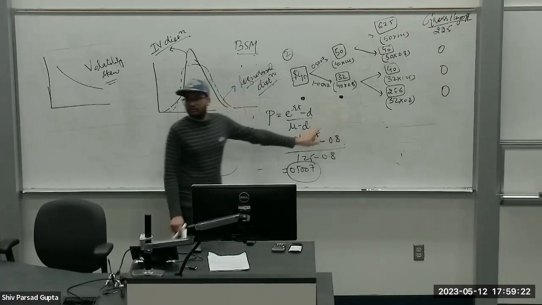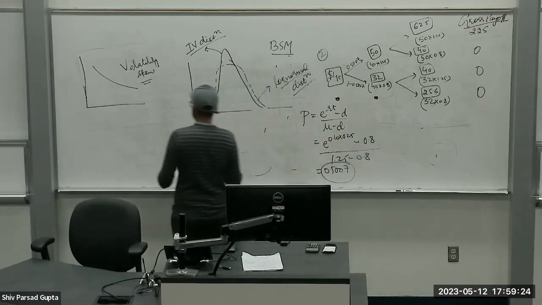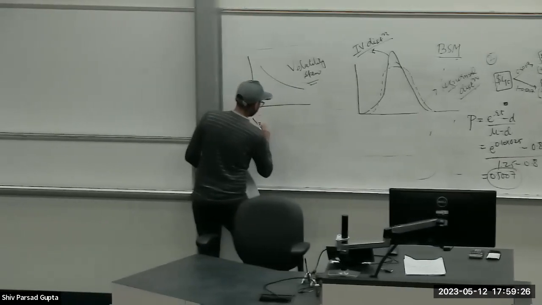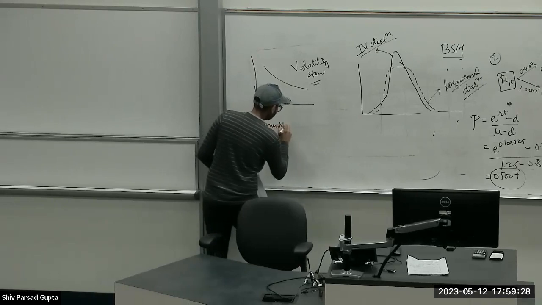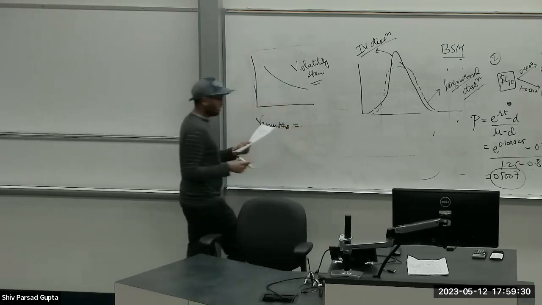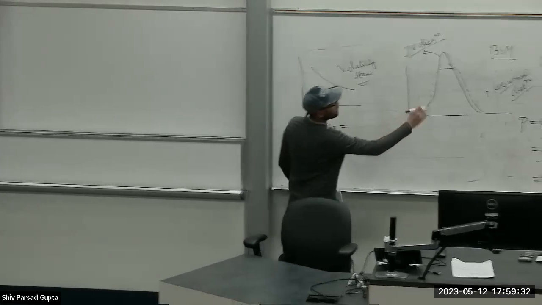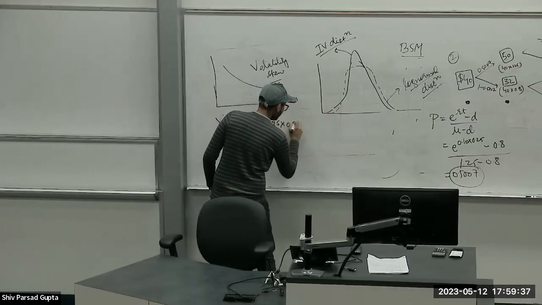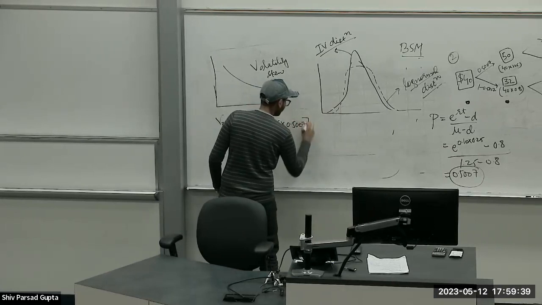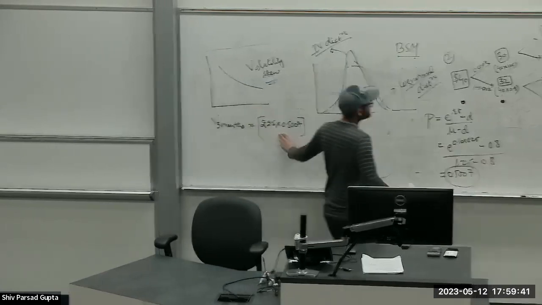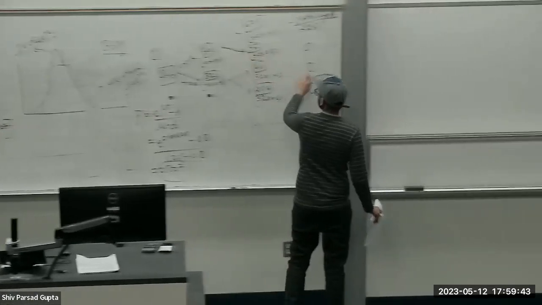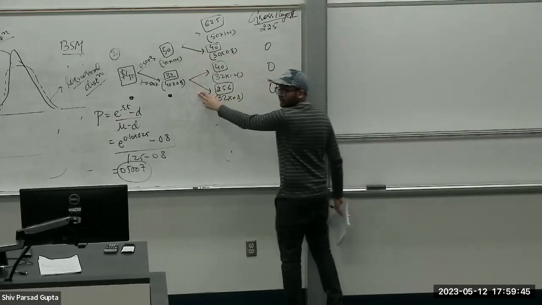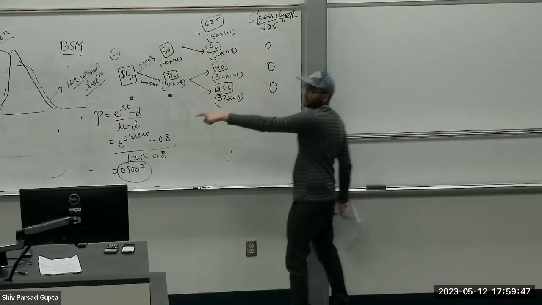Is that clear? I'll show you how. So value in 3 months will be 22.5 multiplied by 0.5007, plus 0 into this probability. But everything else will be 0, so I am not writing it over here.